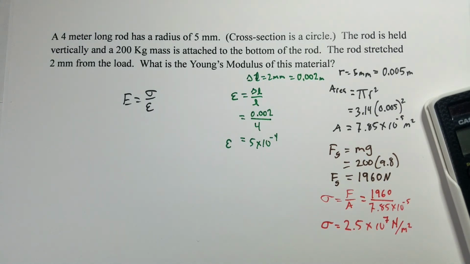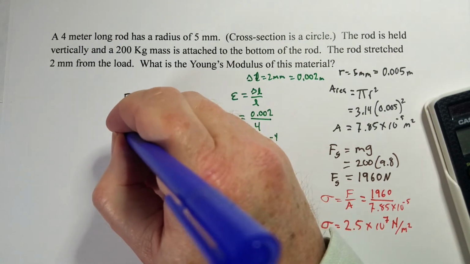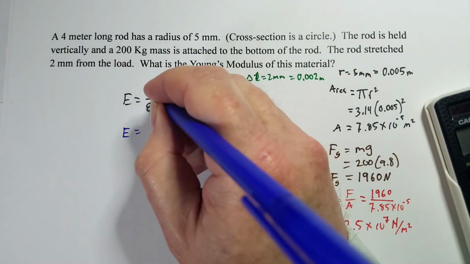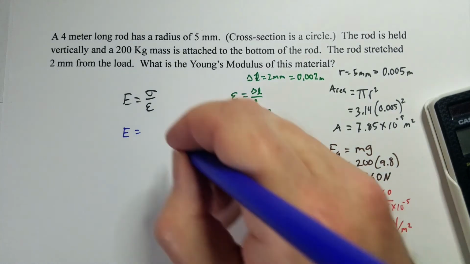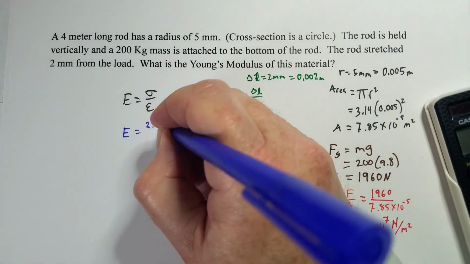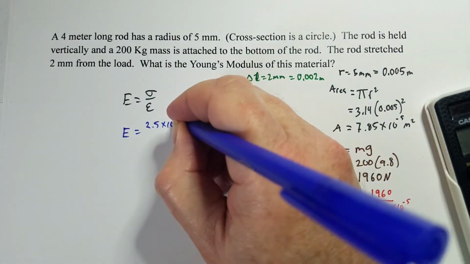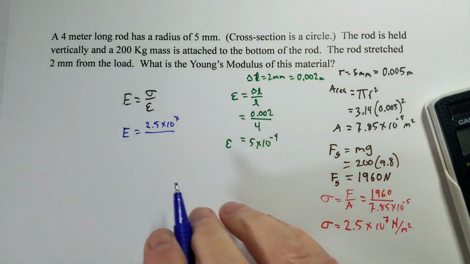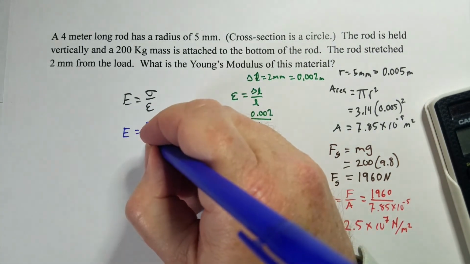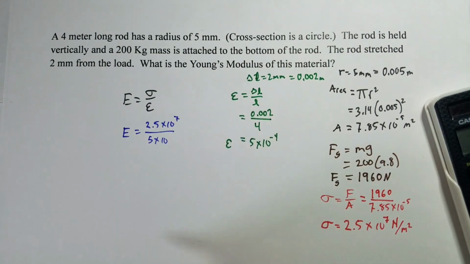So with all of that, we should be able to figure out Young's modulus for this material. Sigma over epsilon, so sigma was 2.5 times 10 to the 7th, and epsilon is 5 times 10 to the minus 4.